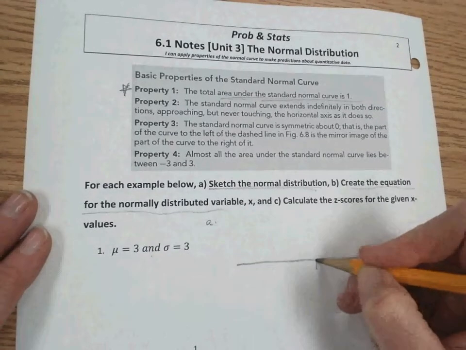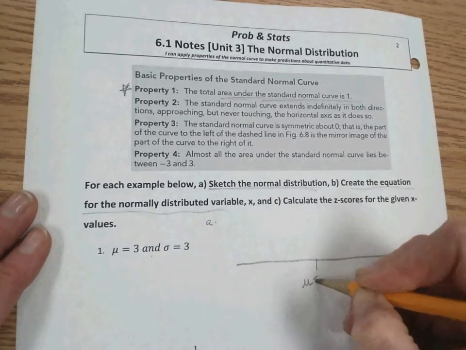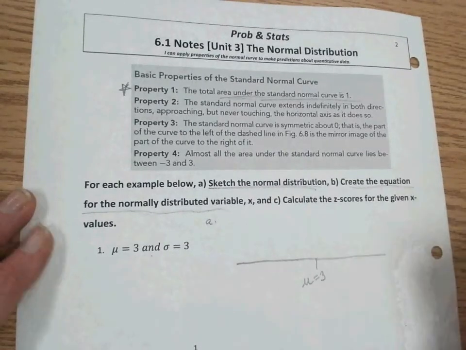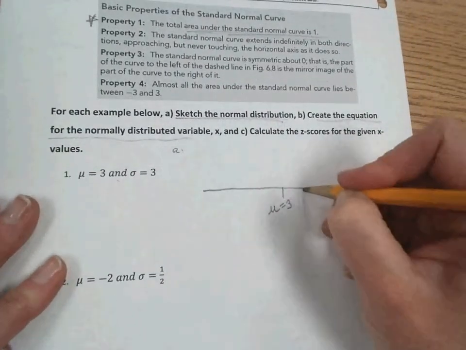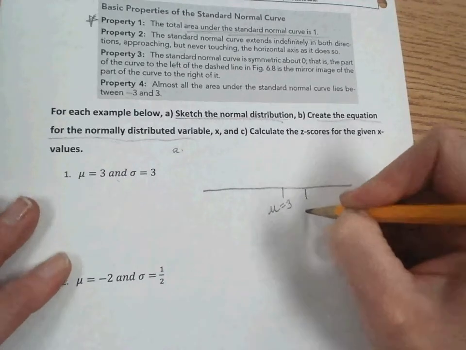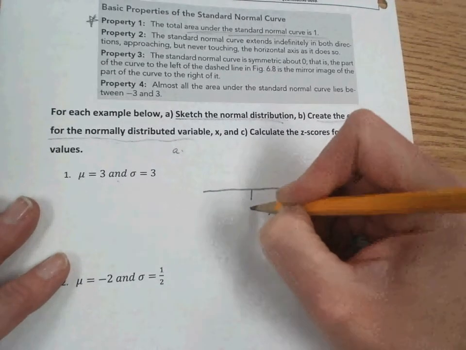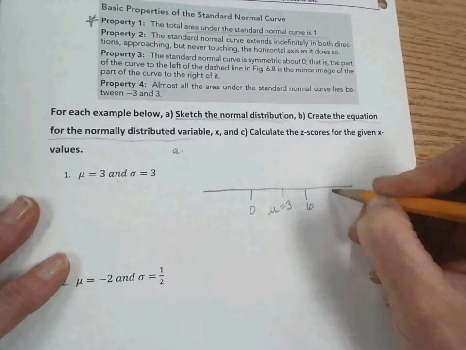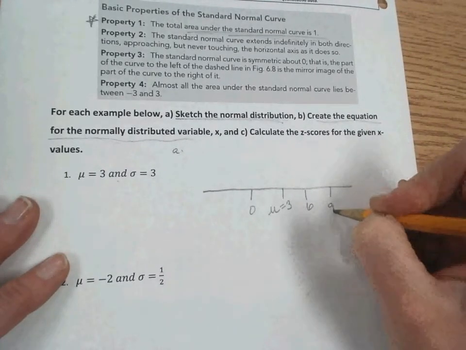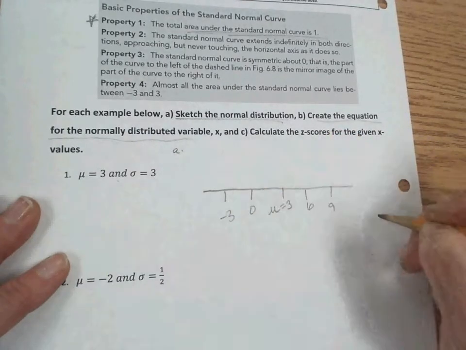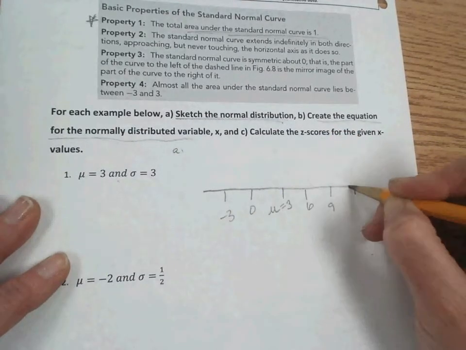Take your horizontal line, put your mean, this time it's mu instead of x bar, right in the middle there. And then we'll go up 1 standard deviation to 6, and down 1 to 0. Up 1 to 9, down another 1 to negative 3.